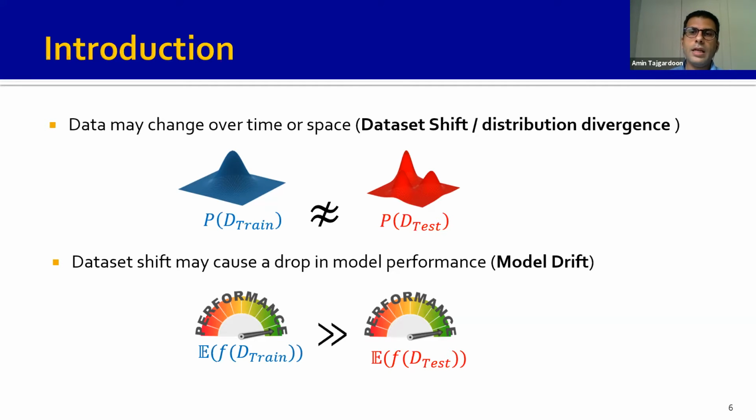This phenomenon is known as dataset shift or distribution divergence and is an important cause of failure in predictive models. In the presence of dataset shift, the performance of most statistical predictive models is likely to change for the worse. We refer to this phenomenon as model drift, where the model doesn't generalize to the test data set.